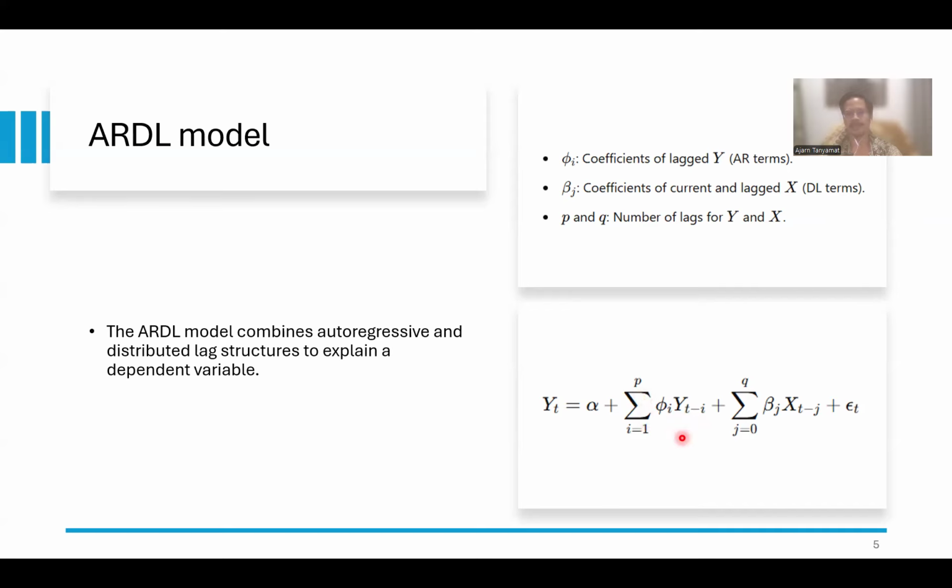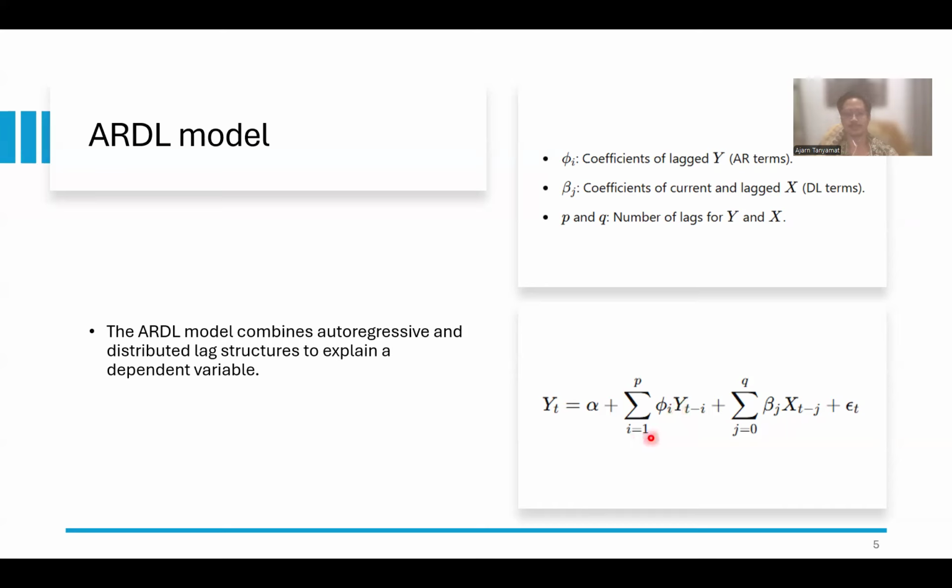For example, let's say you have p equals 3. You're going to have phi 1 yt minus 1 plus phi 2 yt minus 2 plus phi 3 yt minus 3. That's the sum. So you're just replacing the i here with the numbers 1, 2, 3, 4, all the way to p, and adding them all up. Instead of writing the long summation, we condense it so that we can save space.